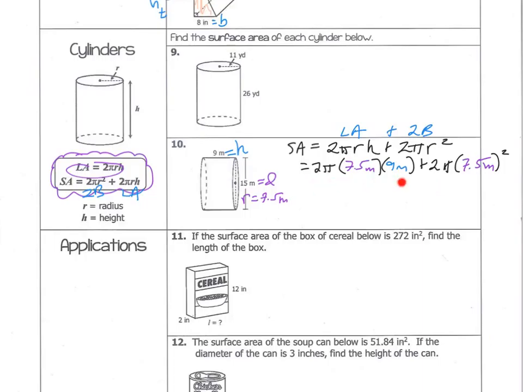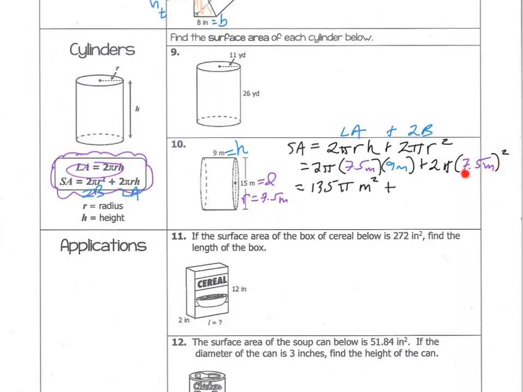So we're going to multiply everything together except for the pi. So we're going to do 2 times 7.5 times 9. Don't multiply the pi into it. What do you get? So we get 135 pi, meters times meters is meters squared, plus. Then on this one, what are you going to do first? You're going to multiply 2 times 7.5 first, or are you going to square the 7.5 first?